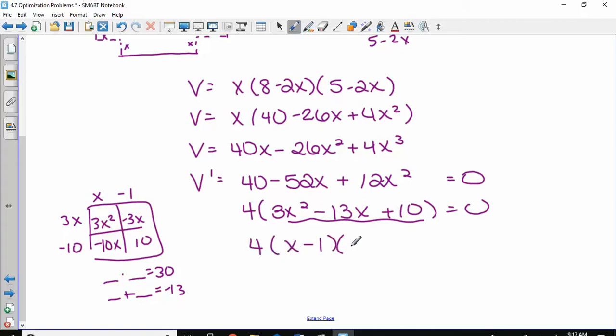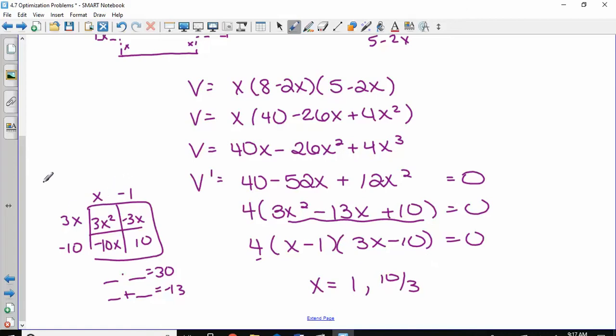So we have 4 times x minus 1 times 3x minus 10. Then what do we do? Does 4 ever equal 0? No. Okay, so then we have x equals 1. If you set 3x minus 10 to 0, you get 10 thirds.